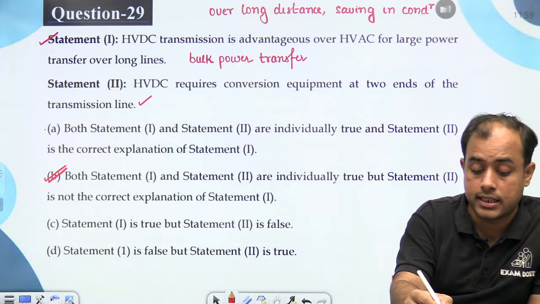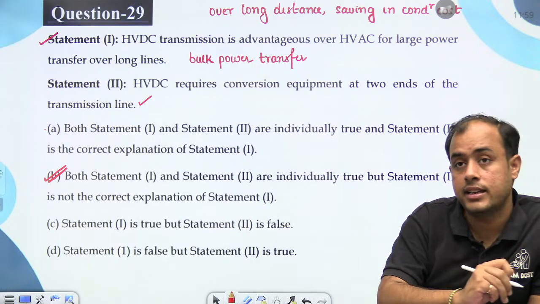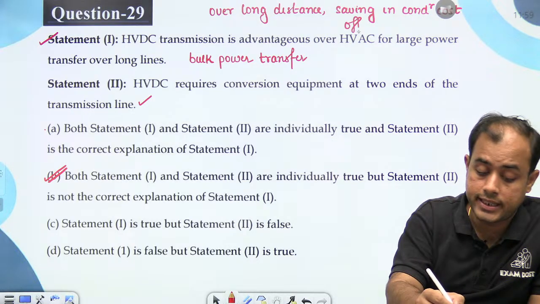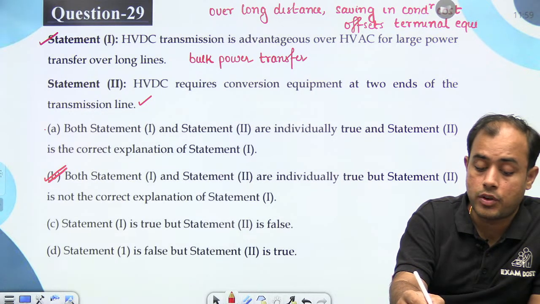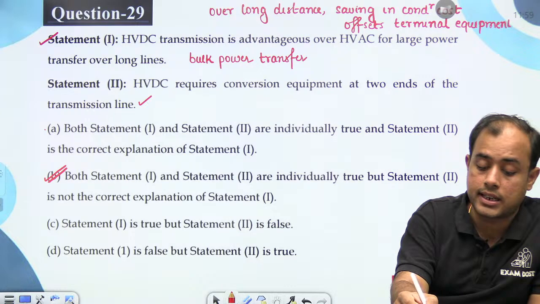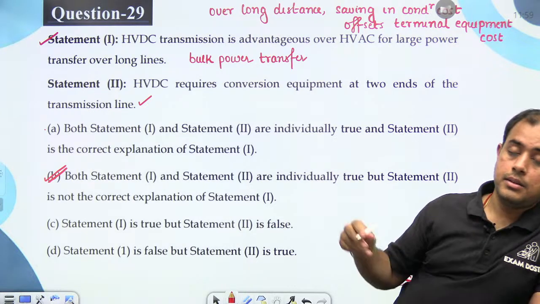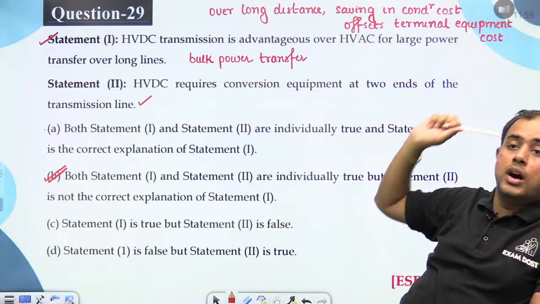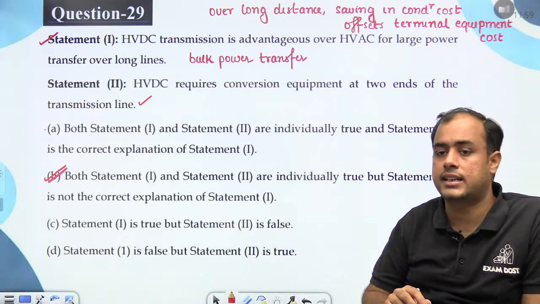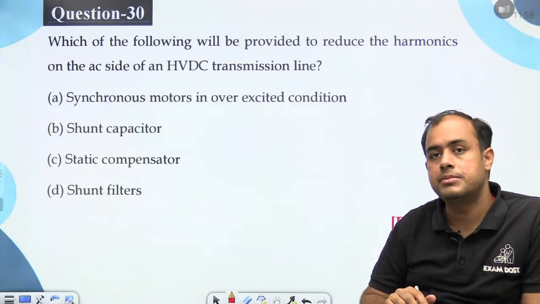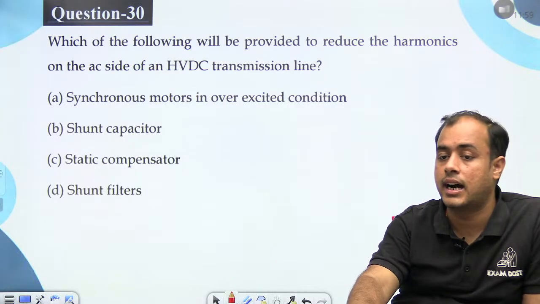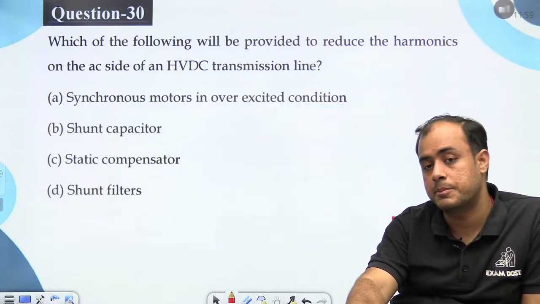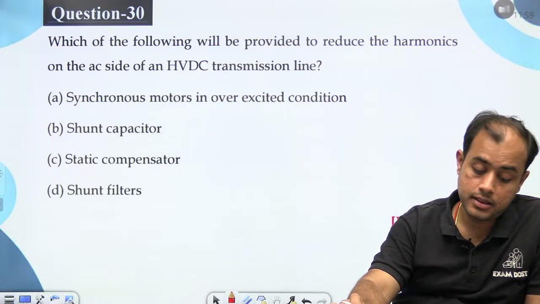HVDC requires lesser conductor, so there is a saving in conductor cost, which offsets terminal equipment cost. आपने ये बोला ना बेटा कि टर्मिनल इक्विपमेंट महंगा है, रेक्टिफायर लगा है, इन्वर्टर लगा है, that is expensive, but because you are saving in the cost of conductor, so it will overall become cheaper. तो भले ही टर्मिनल इक्विपमेंट महंगा है लेकिन कंडक्टर सस्ता पड़ेगा, तो लंबी वायर या लंबे डिस्टेंस पे आपको एचवीडीसी सस्ता पड़ेगा.